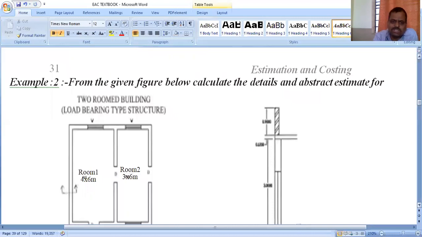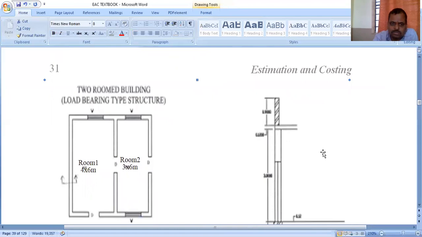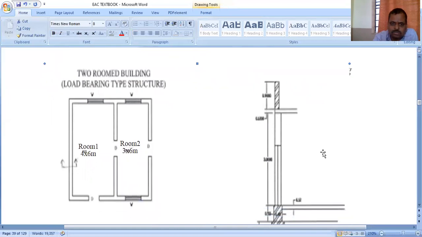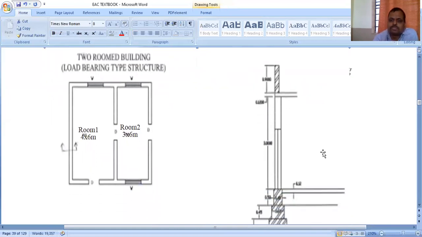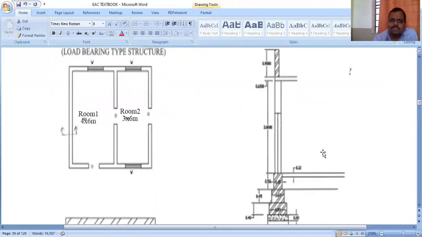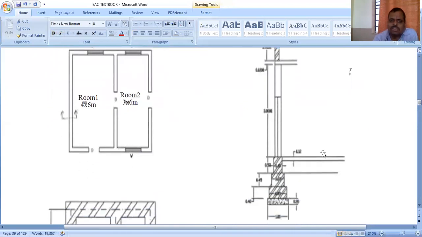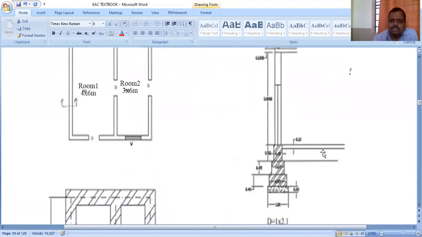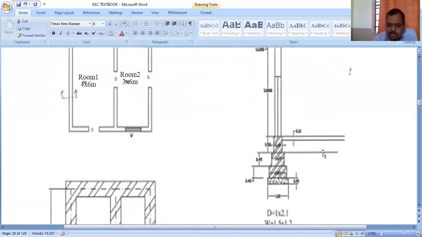We should be able to know this. Wait a minute, I will show you the plan, and accordingly we will work out the doors and windows. There are totally 1 into 2.1. See here, this is one door, this is the second door, and this is the third door.